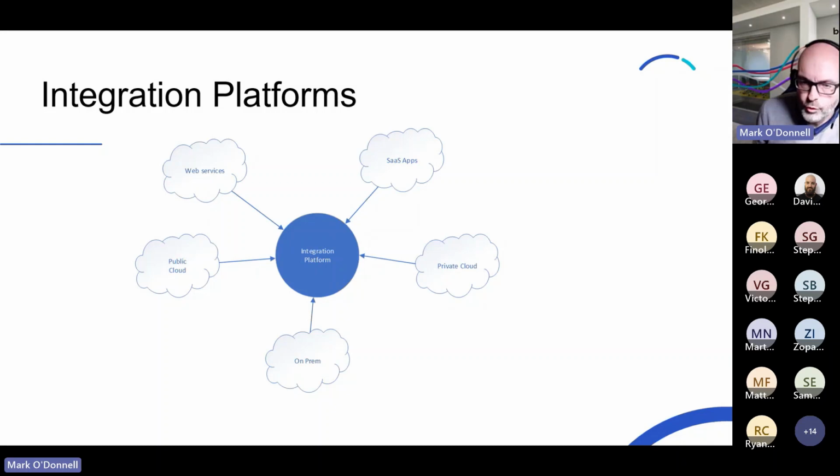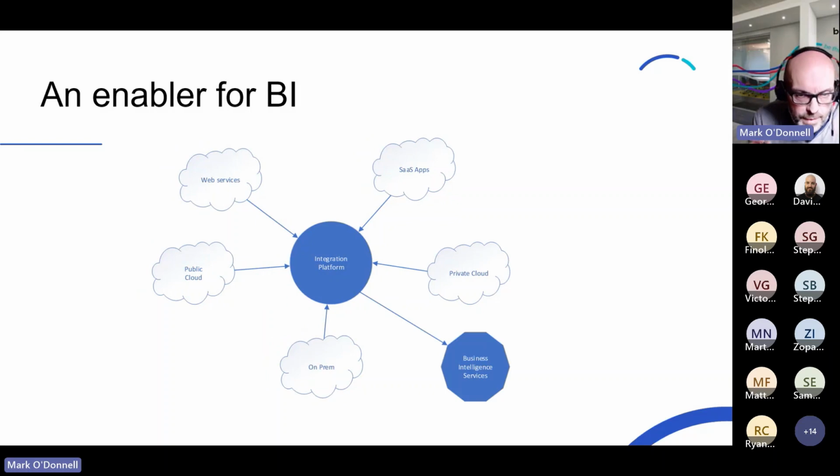And what we would typically do with this is use it as a starting point, and then extend it and use it as an enabler for business intelligence. So if all of your data, or much of your data, is passing through that integration platform, then it's quite a simple and straightforward thing to extend that platform to take that data and either serve it to a business intelligence service or store it somewhere that a business intelligence platform can access.